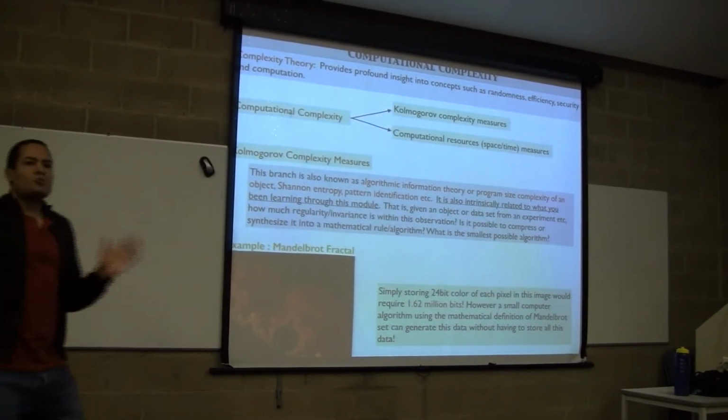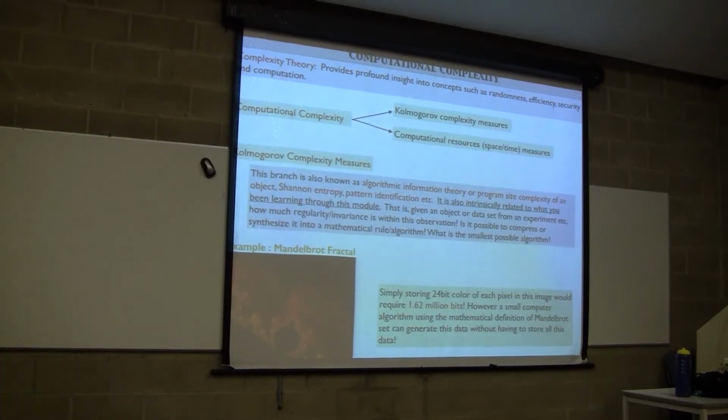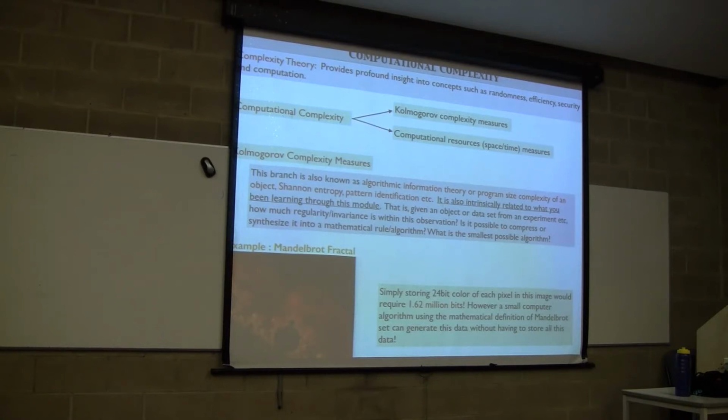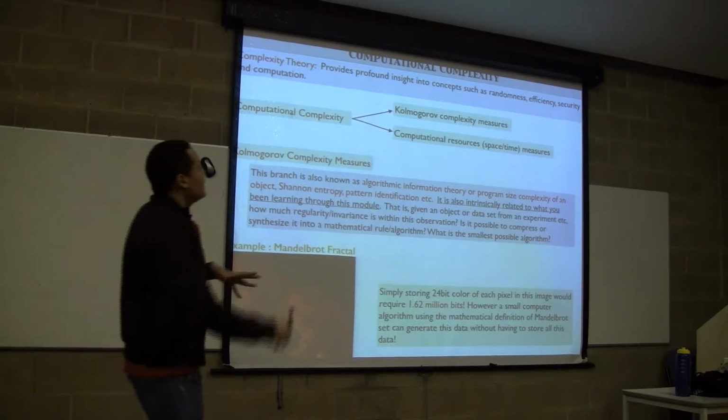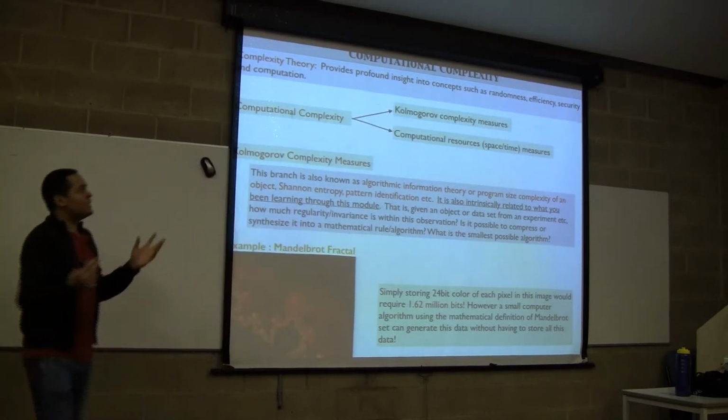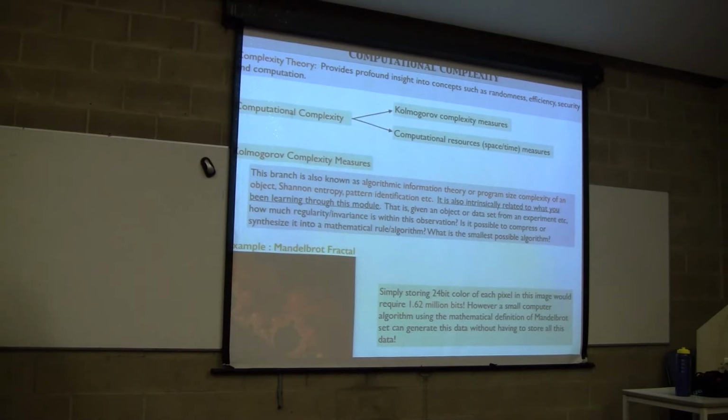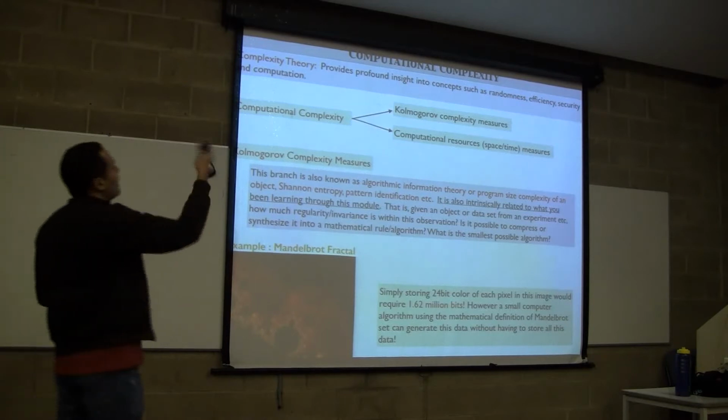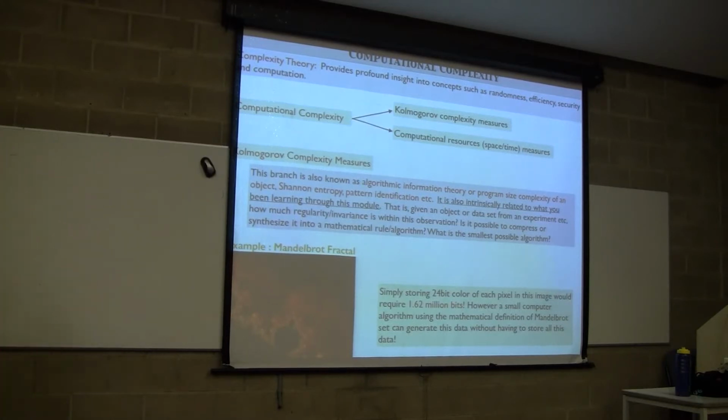I won't go into much mathematical detail, but just to give you a general flavor of what this entails. Complexity theory provides great insight into the structure of data, so observations. We try to understand randomness and all the theory that comes out of this, we try to understand efficiency and computations in general.